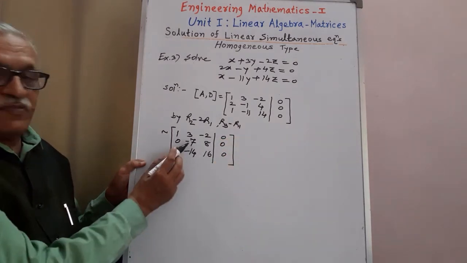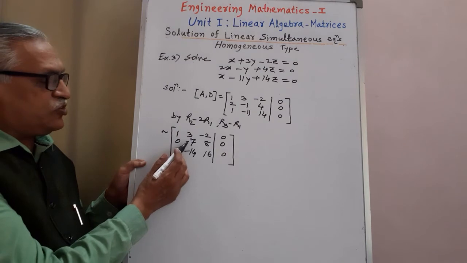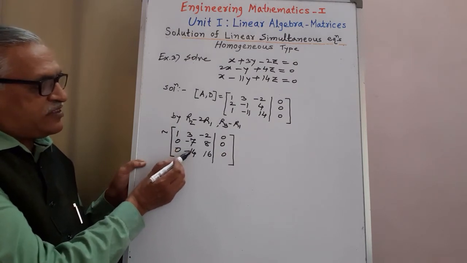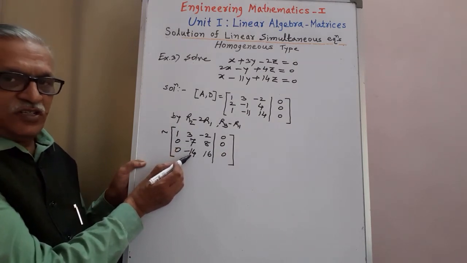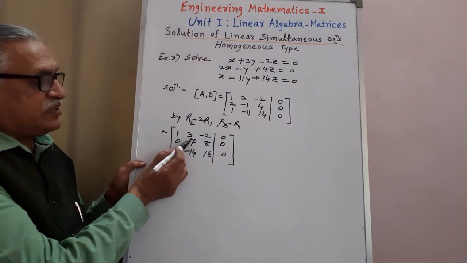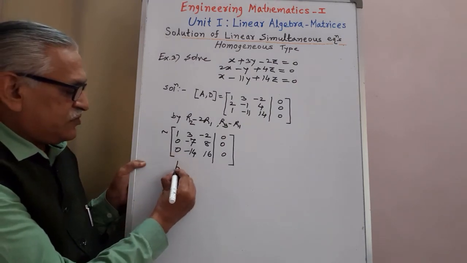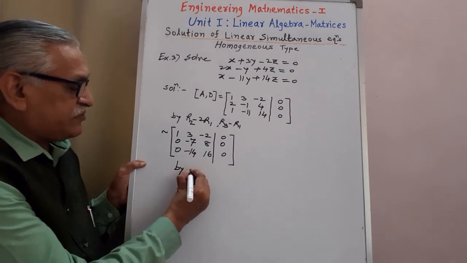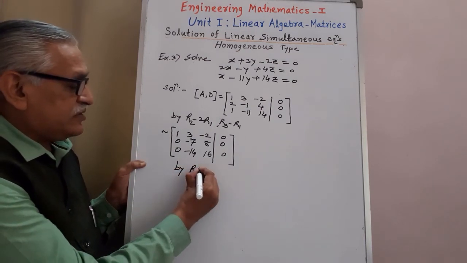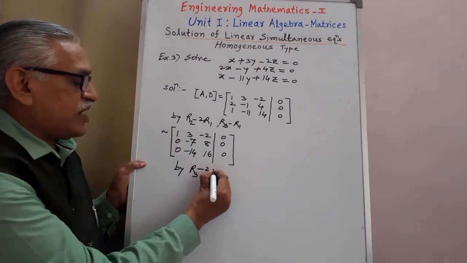Second diagonal is minus 7, non-zero. With the help of this minus 7, we can convert this to 0 by applying a transformation. 7 times 2 is 14. Minus 14 plus 14 we get 0. Therefore, the required transformation is R3 minus 2 times R2.